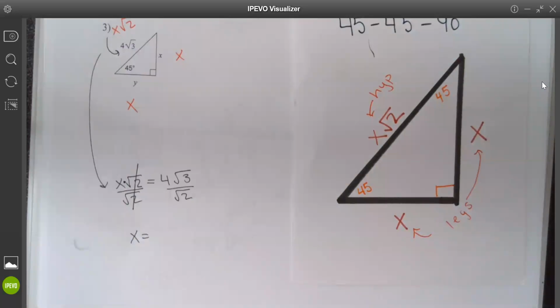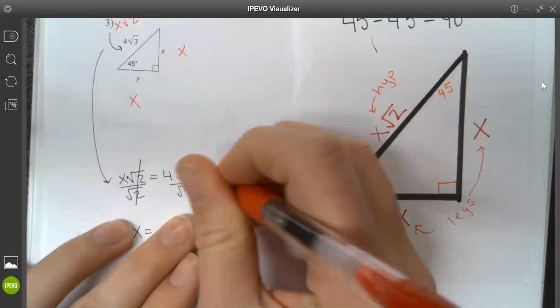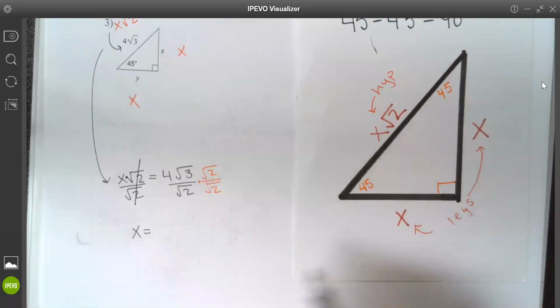The issue we run into with this is we can't have a radical in the denominator. We need to rationalize this. And so we learned this in Algebra 1, that to get this not a rad, I multiply by this rad 2 in both the numerator and the denominator.